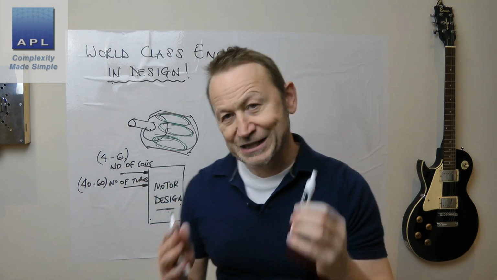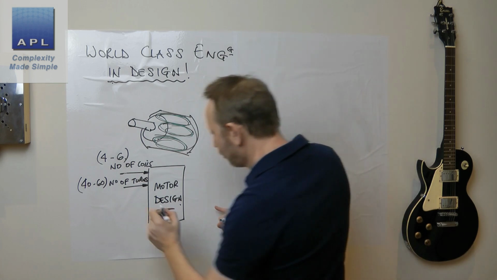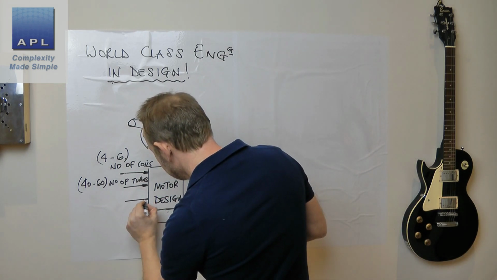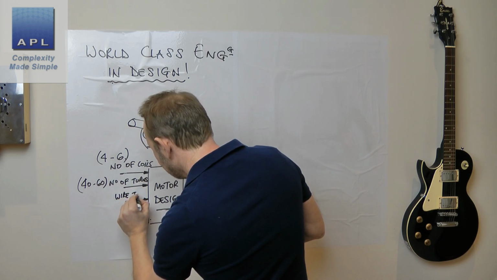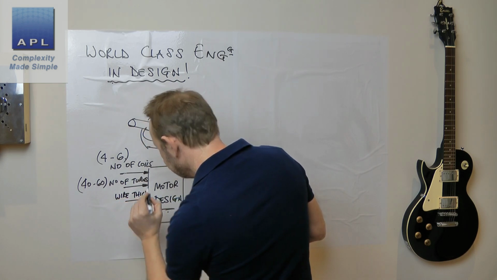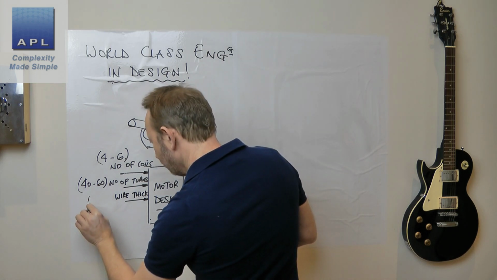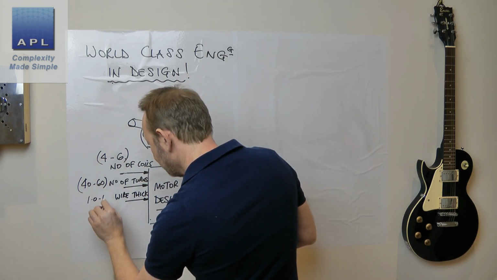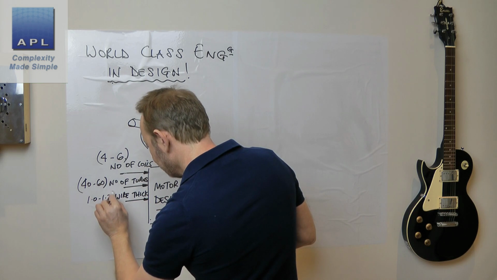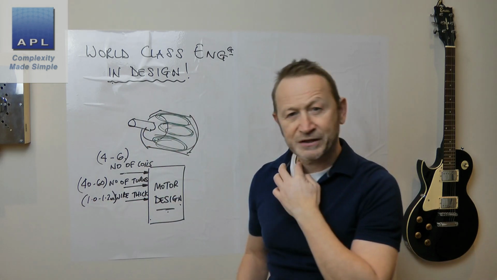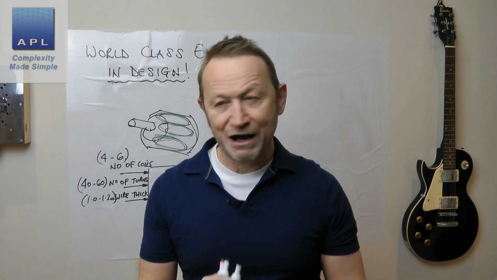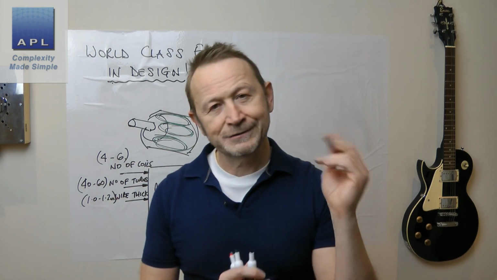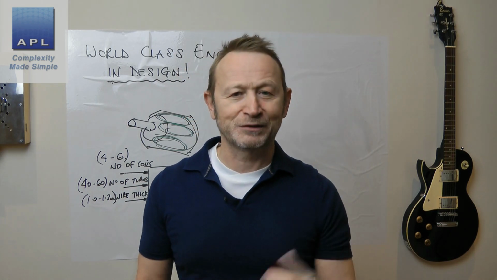Then what we've got is the wire thickness. So obviously we've got copper wire here. So we've now got the wire thickness. And I think we're going 1 millimeter to 1.2 millimeters. That's our design space. Then they're going to get clever and they're going to put some silver alloy in the copper that's in the windings, because silver tends to make electricity flow a little bit more.